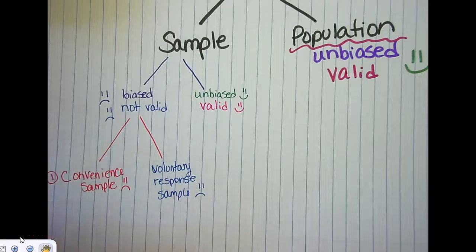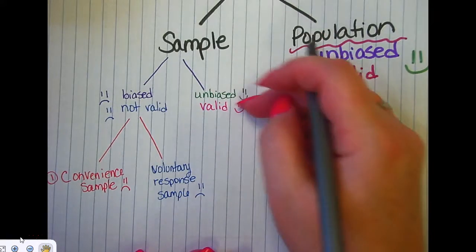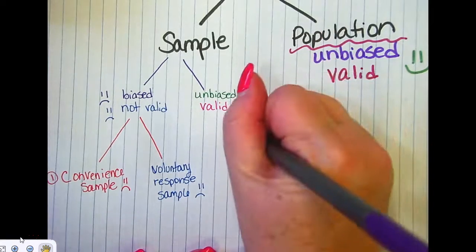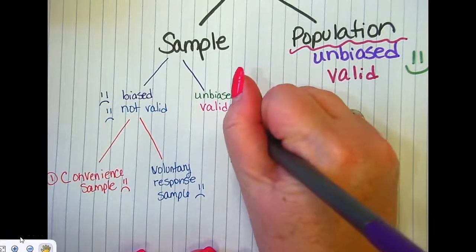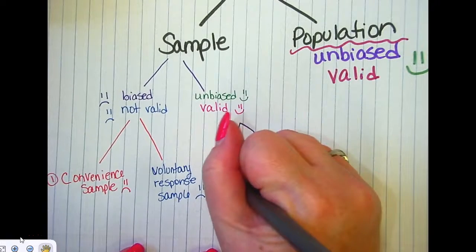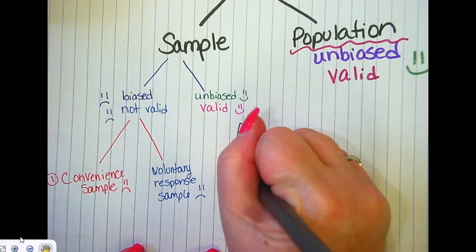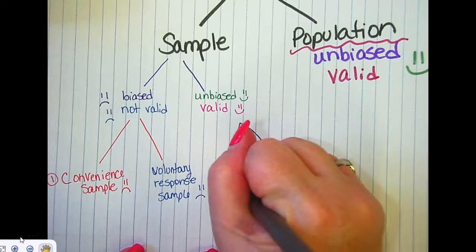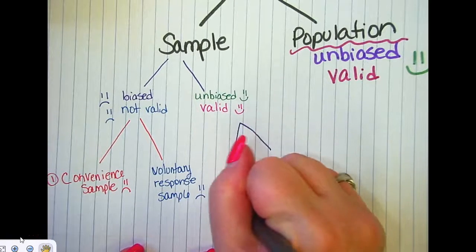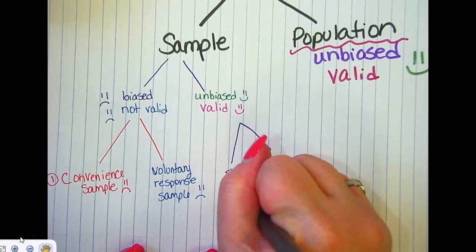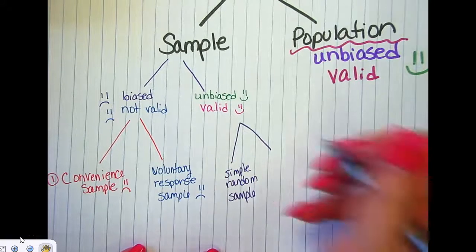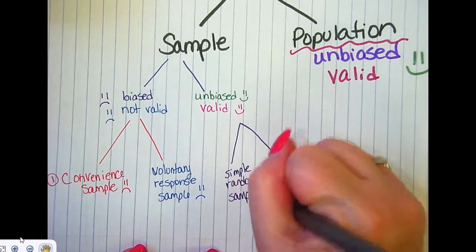So let's talk about a couple of the ways that we can collect data, and it will be valid and it will be not biased. So if we want unbiased and valid, we could take, we've already talked about these in our vocabulary, a simple random sample. And that's good.